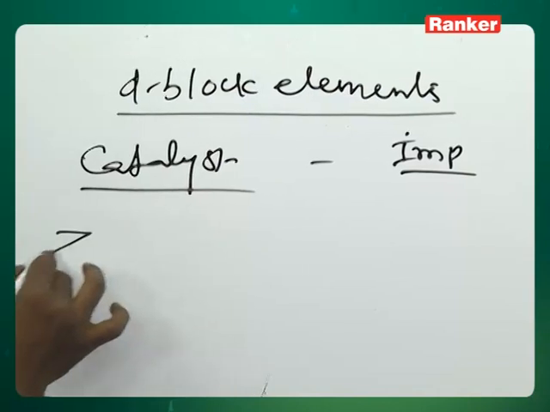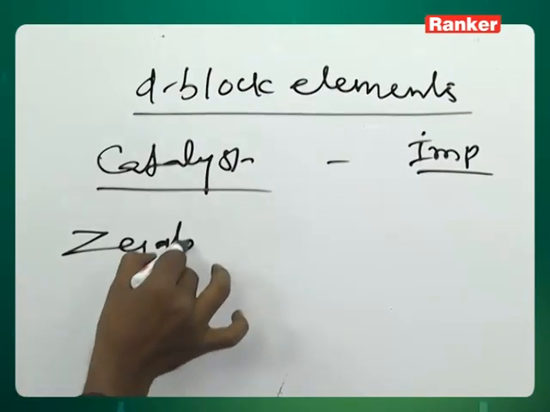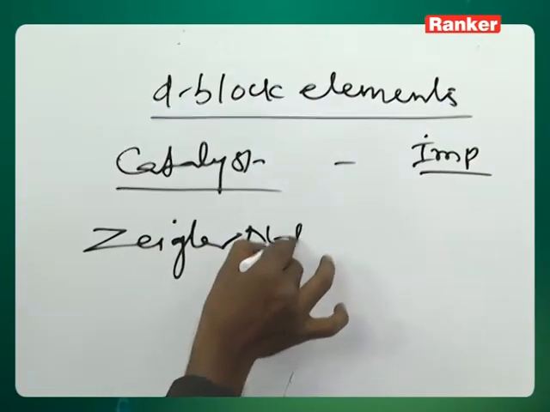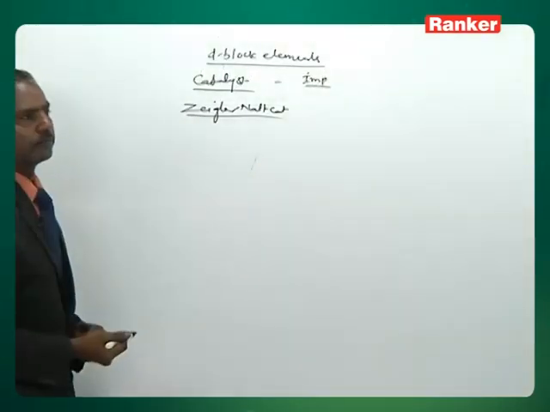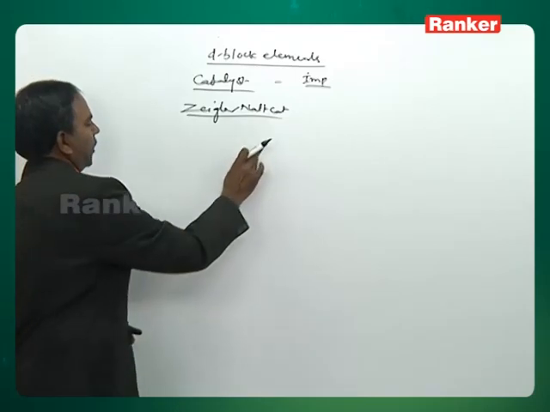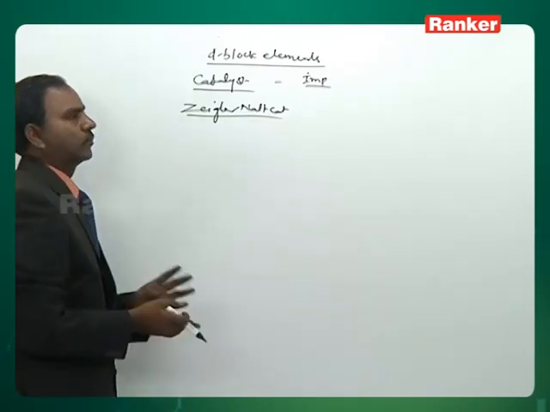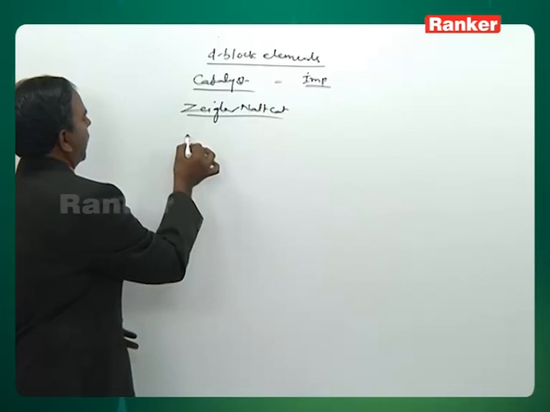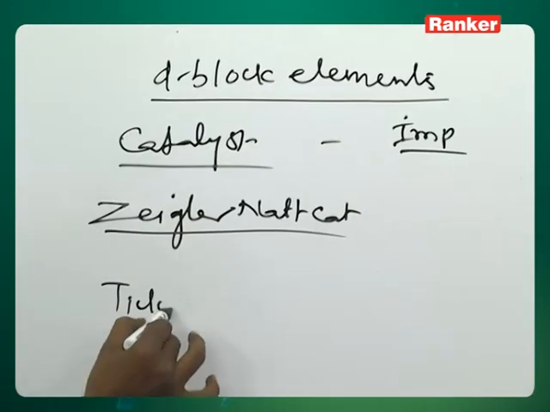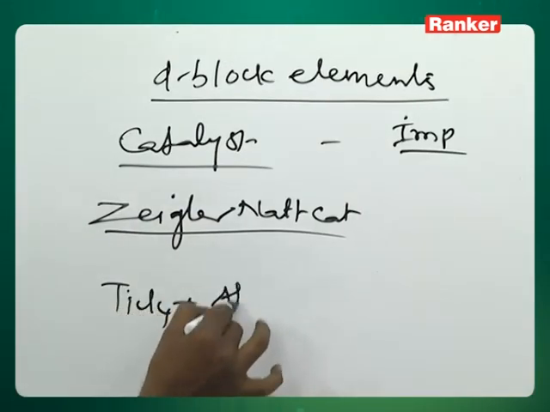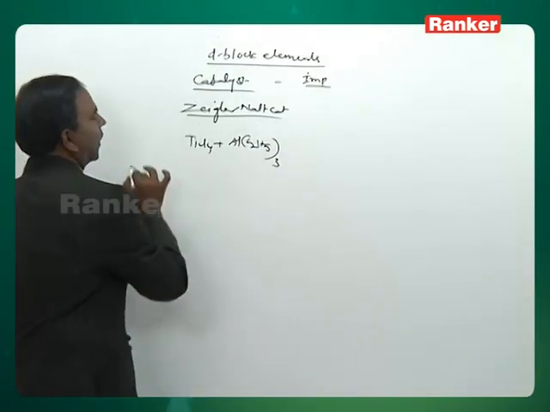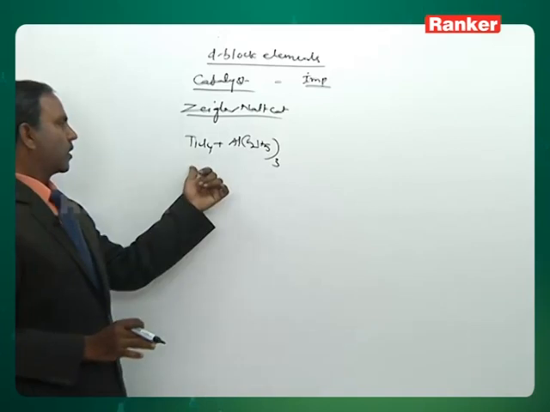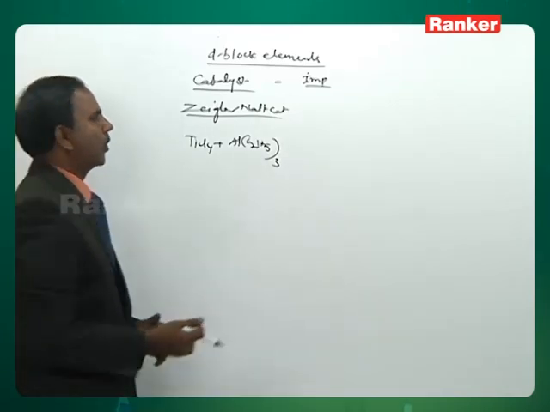Let me take the first one, Ziegler-Natta catalyst. It's very important. It is actually appearing in most of the entrance exams. It is a mixture of titanium tetrachloride and aluminum alkyls.